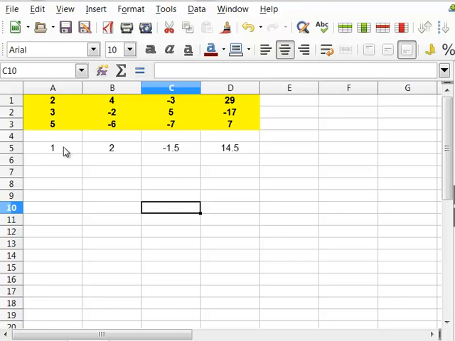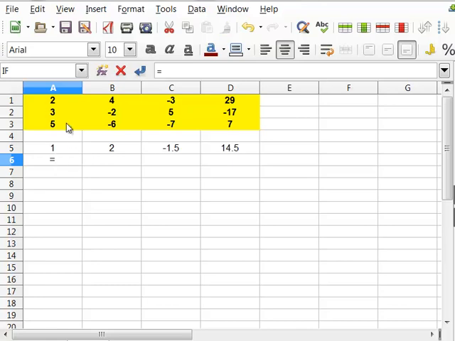So here I'm going to say equals the lead coefficient here, which is this, and put a $ sign in front of the A, times this. And then minus this one using a relative reference here, one straight above it.